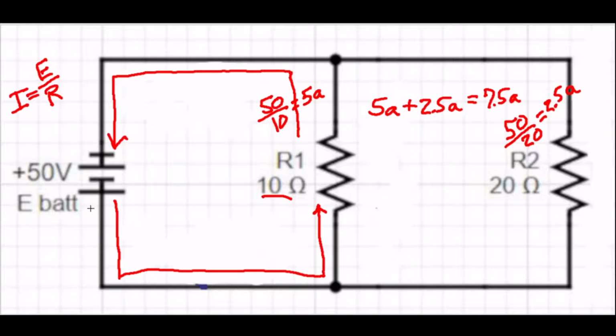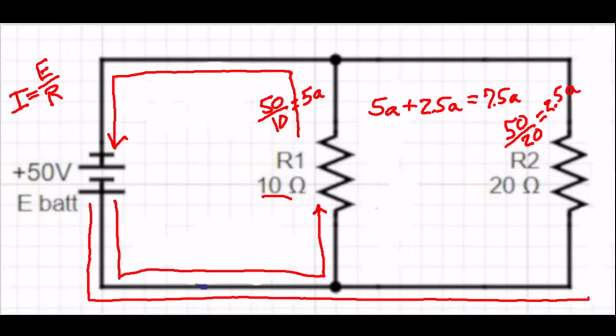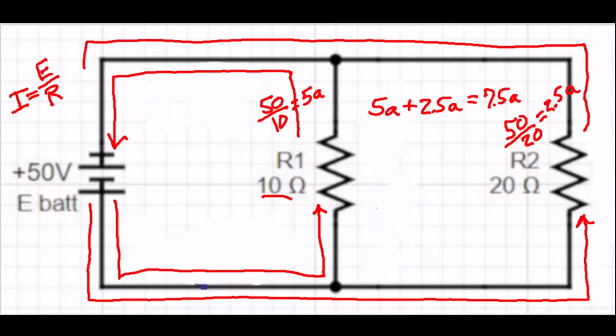And if we look at the other branch, leaving the battery, coming along to this resistor, at 2.5 amps, the current returns to the battery, and that is 2.5 amps.